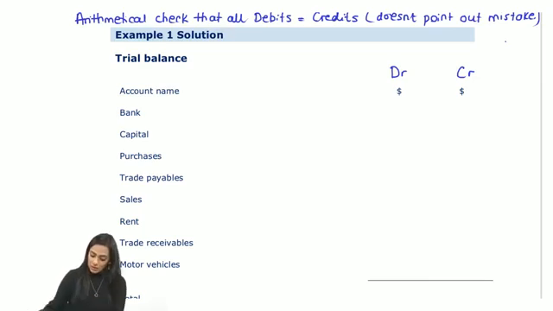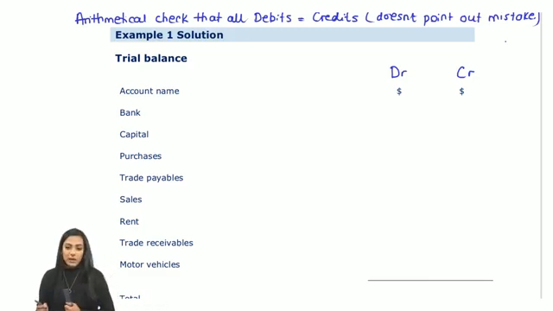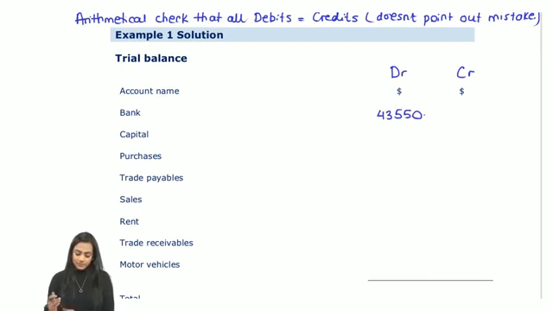Okay, so here we have, starting with bank. Bank had a balance of 43,550 and bank is an asset, so that will appear on the debit side. Capital had a balance of 50,000, which is a credit balance. Purchases is an expense, so that will appear on the debit side of 12,000.